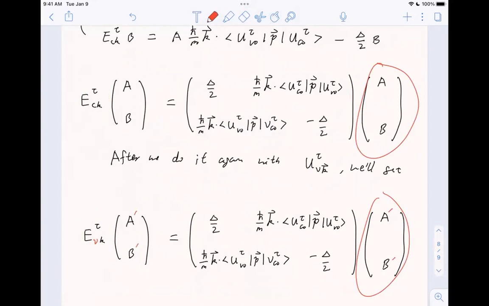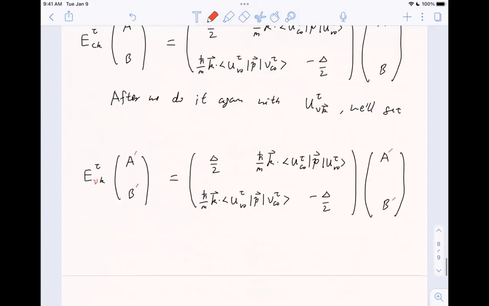So this Hamiltonian is just the HK tau Hamiltonian with the two band K dot P approximation.